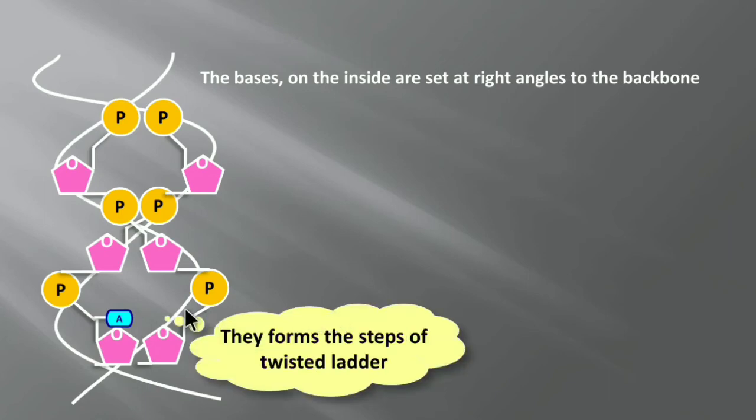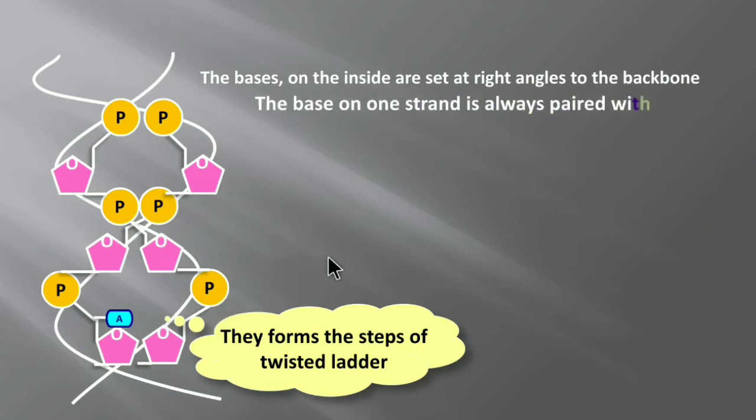These nitrogen bases in the polynucleotide chain form the steps of the twisted ladder, and both the strands are connected to each other with the help of hydrogen bonds. That means the base of one strand is always paired with the base of the opposite strand.